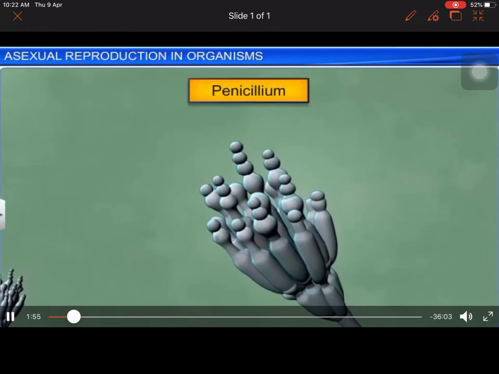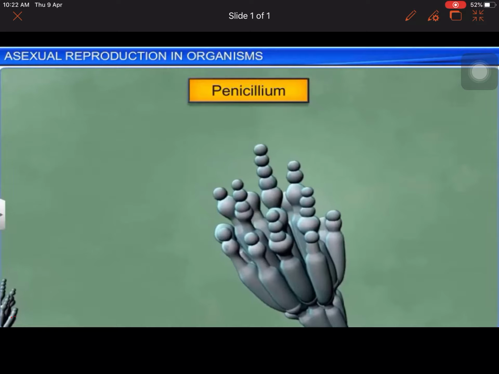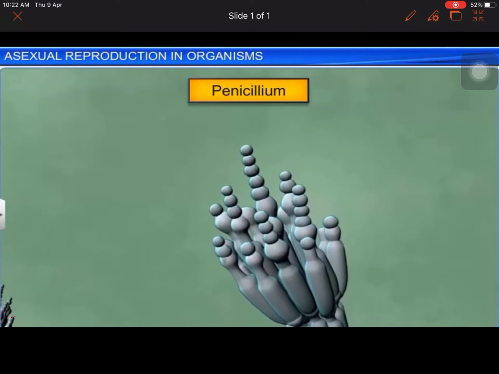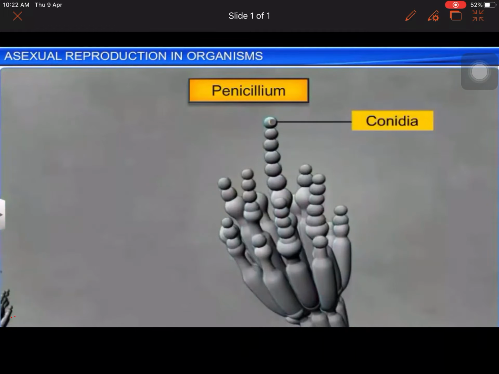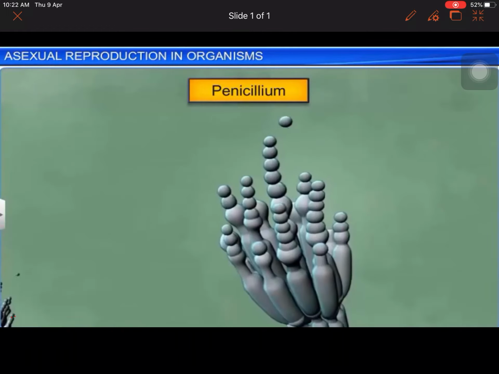While yeast reproduces through budding, other members of the fungi kingdom, such as Penicillium, reproduce through conidia, a special asexual reproductive structure.